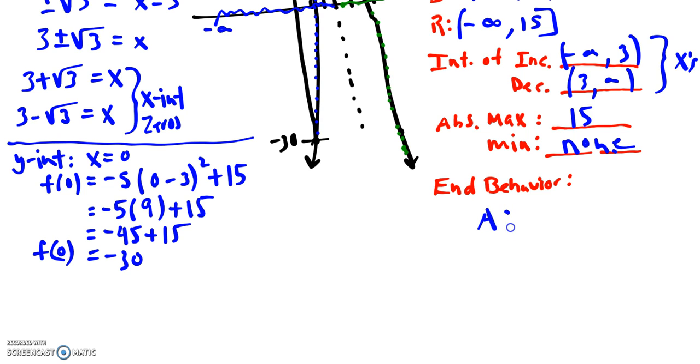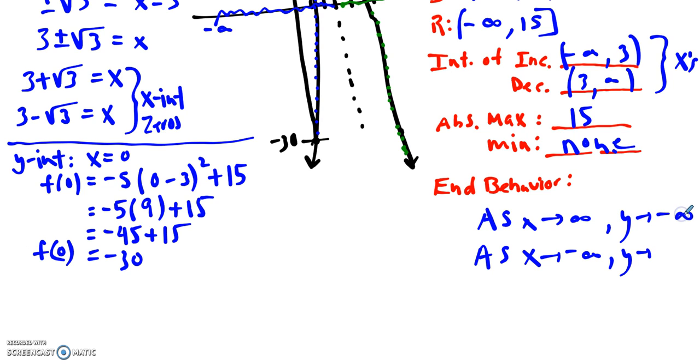As x approaches infinity, remember, those are the only two options, as x approaches negative infinity or infinity, y approaches, in this case, as x gets really big, y gets small, so negative infinity. And then it also goes to negative infinity in that direction as well.